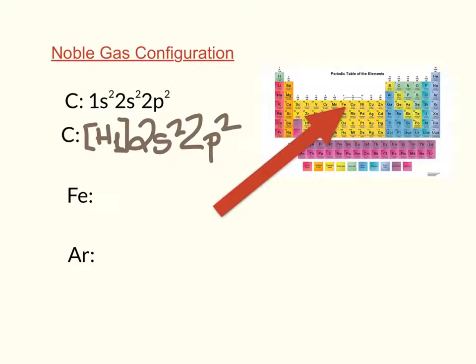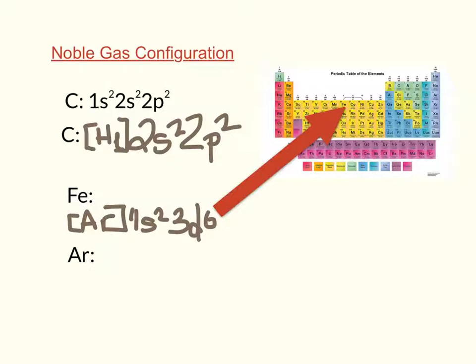So I get to buy myself a little space by starting with argon. So I'm going to go Ar, and now I can start right after argon, which is going to be 4s2, and then 3d, 1, 2, 3, 4, 5, 3d6. There you go. So that's it for iron.